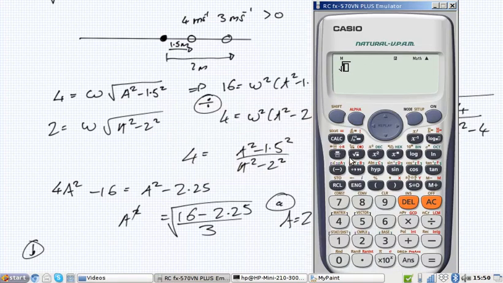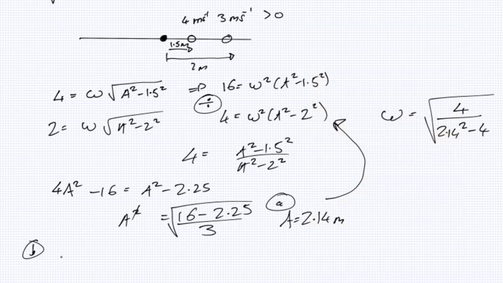So the omega is this, and the T is 2 pi over omega. So 2.399 seconds there.